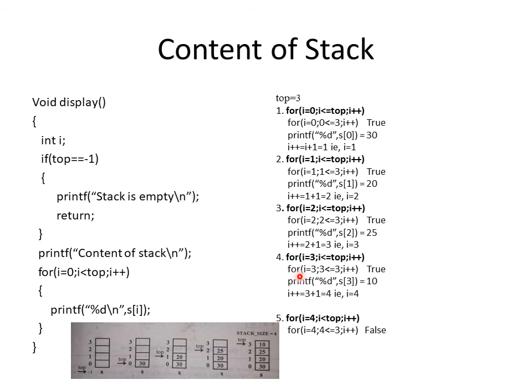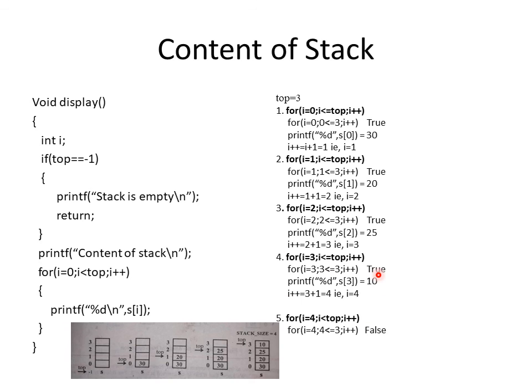I equals 3, and 3 is less than or equal to 3, because it is not less, but it is equal to 3. The condition is true. It will print S of 3. What is the value of S of 3? Here you can observe that it is 10. Therefore, it will print the value 10.